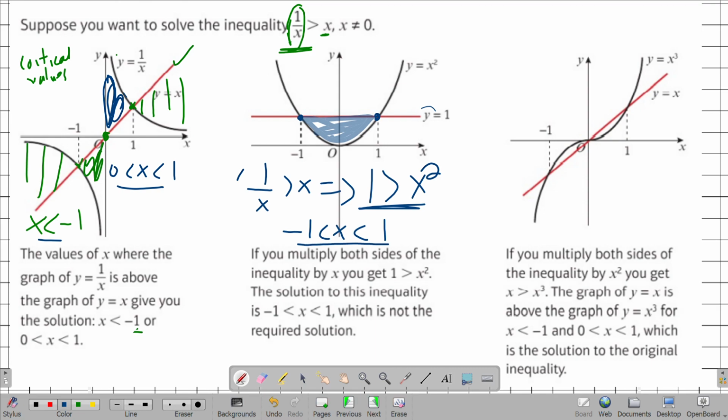Now, is this the correct answer comparing to this part? Is it the correct answer from -1 less than x less than 1? The answer is no. Why? Because we just multiplied by x here, and hence we end up getting a wrong impression of the actual solution to this graph.